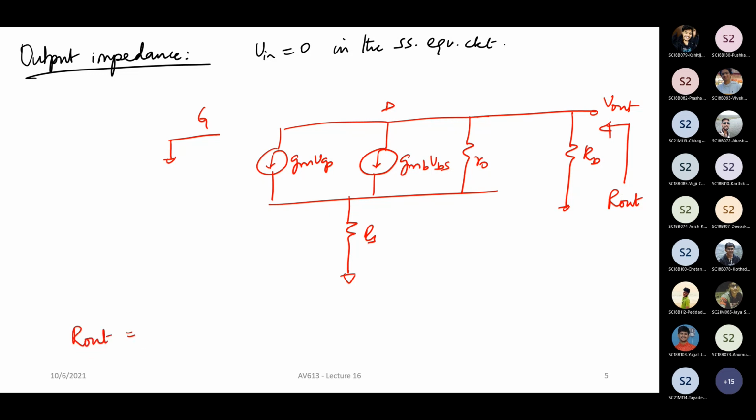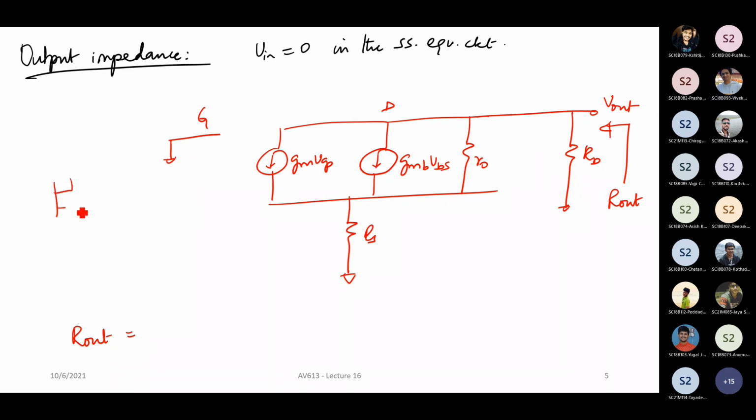Now, the actual way by which you would calculate is to basically connect a test voltage source there and then go through that entire derivation and you will get the answer. But can you, by inspection and the results that we have got in some of the earlier classes, try to tell what will be the output impedance? Let me give you a clue.